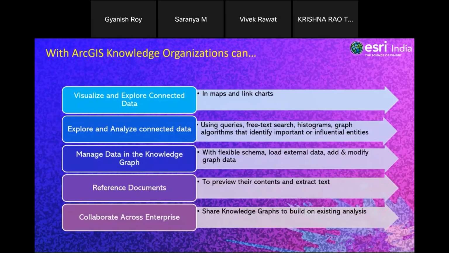Once you have ArcGIS Knowledge, organizations can visualize and explore connected data. You can do this in the form of maps or link charts. You can also explore these connections using queries, free text search, histograms, graph algorithms, etc. As you must have noticed earlier, it has a very flexible schema.